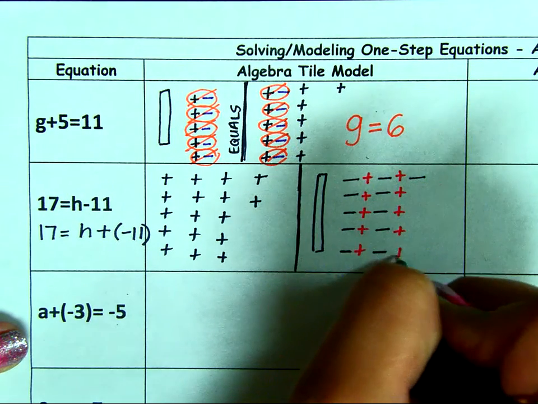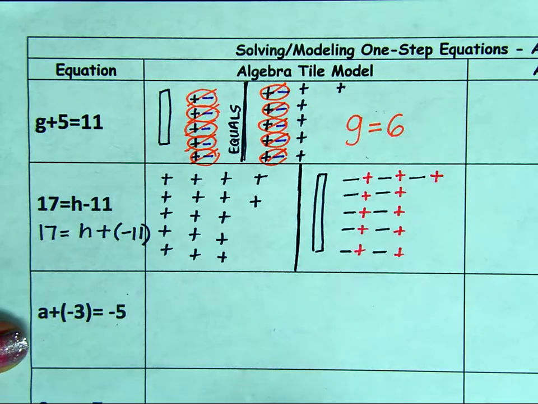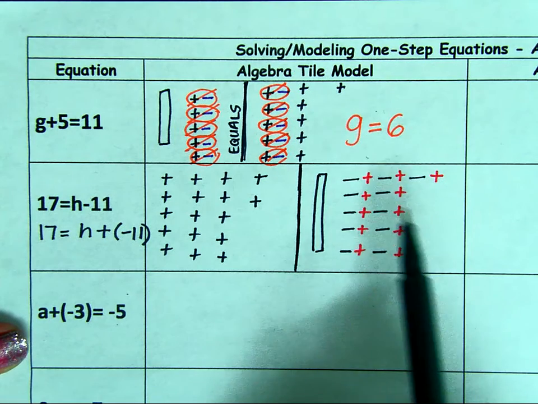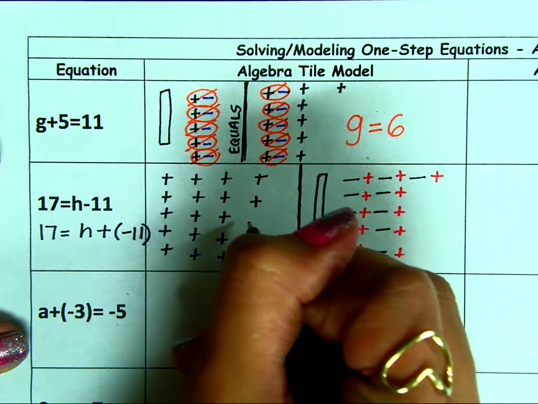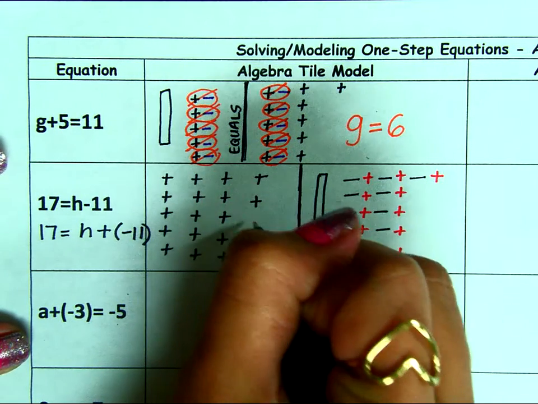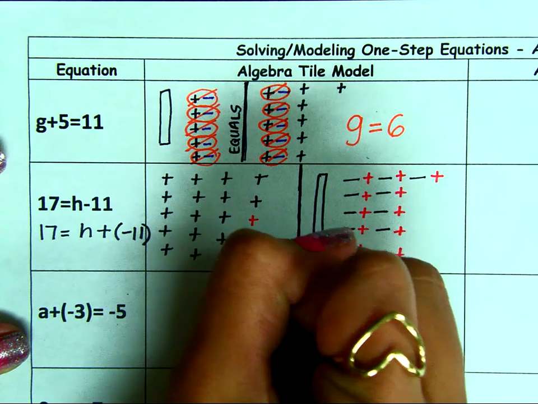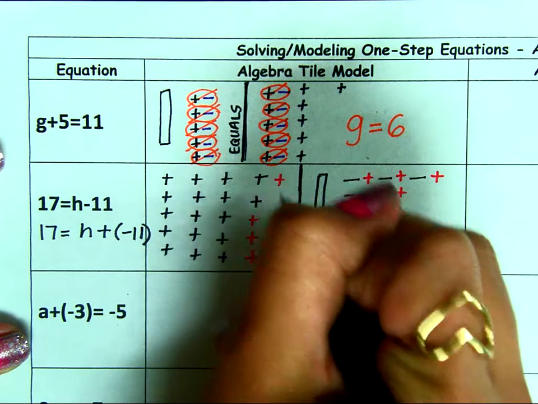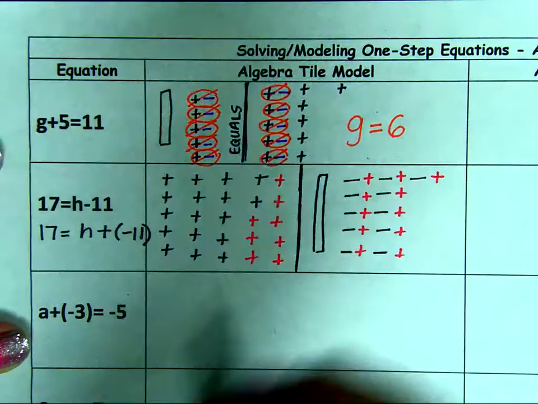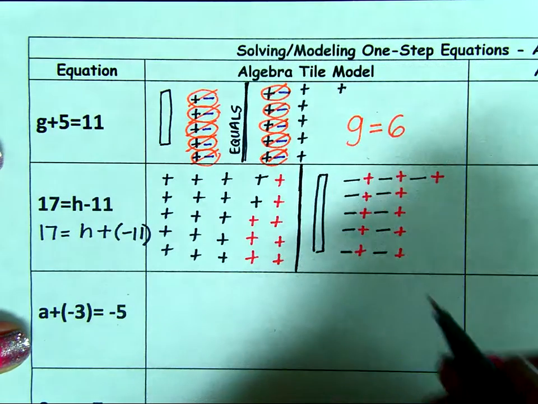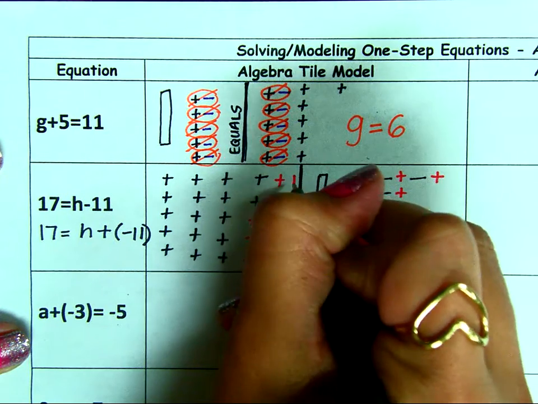Okay? And whatever I do to one side of the equation, I have to do to the other. Now I'm going to have to squeeze these in here because I wrote a lot bigger. So let's go with 1, 2, 3, 4, 5, 6, 7, 8. Let's see, I'm going to squeeze them in, 8, 9, 10, and 11.